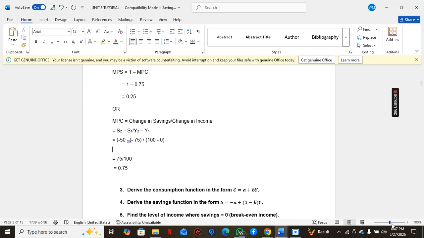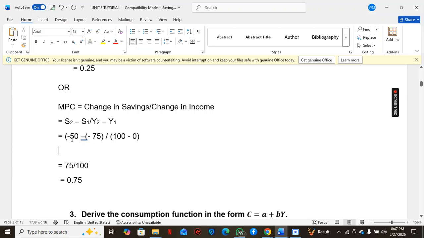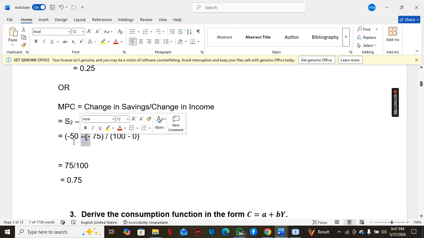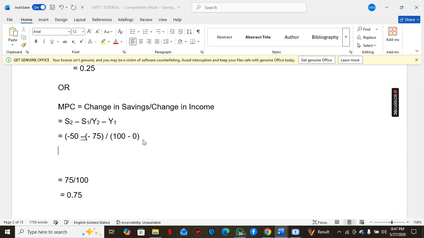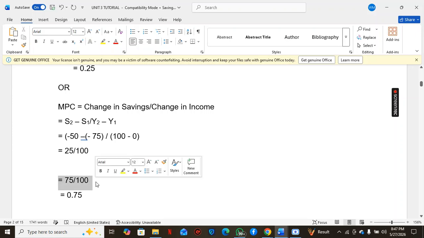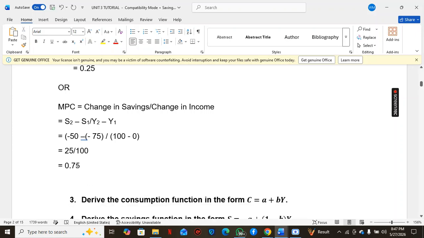Negative and negative make positive, so negative 50 plus 75, you get 25. 100 minus 0 is 100. 25 divided by 100 is 0.25.